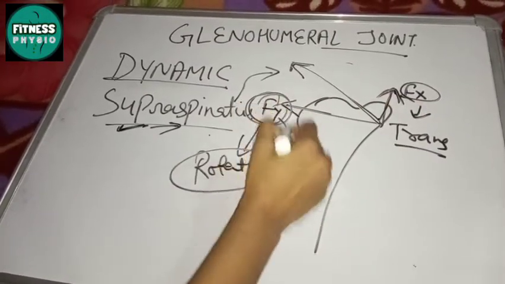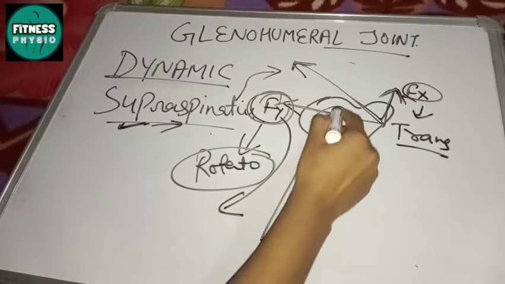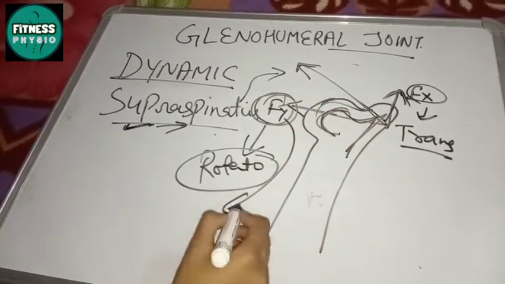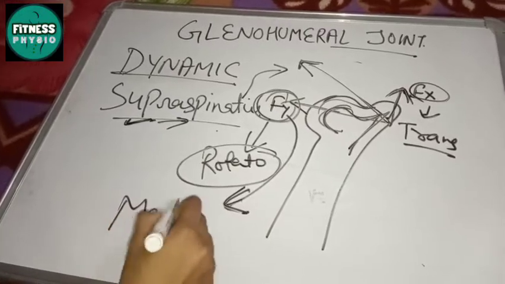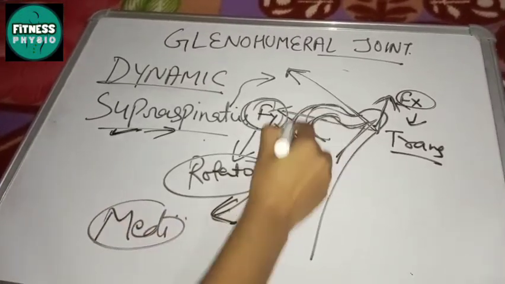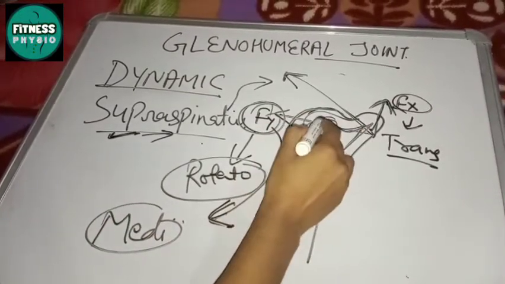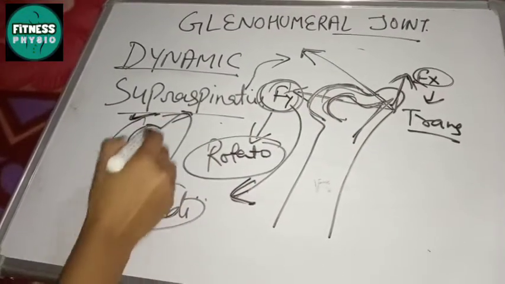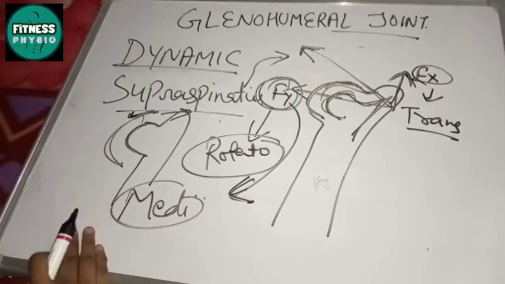So it tries to keep your humerus head in medial direction, or it creates a compressive force so that your humerus head has proper contact in the glenoid fossa.